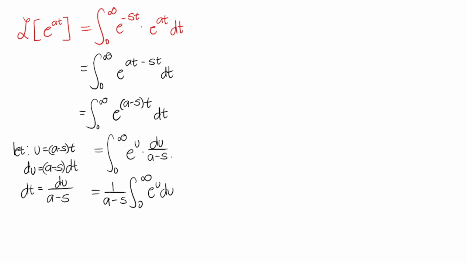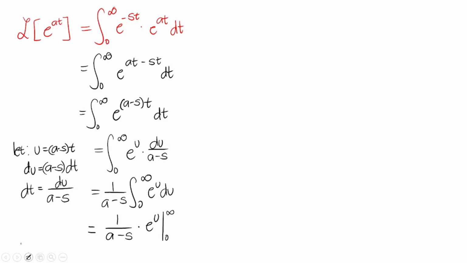And recalling from your integration formulas, the integral of e to the u du is simply e to the u. Walang nagbago. So, we will have 1 over a minus s times e to the u. Then evaluate this from 0 to infinity.